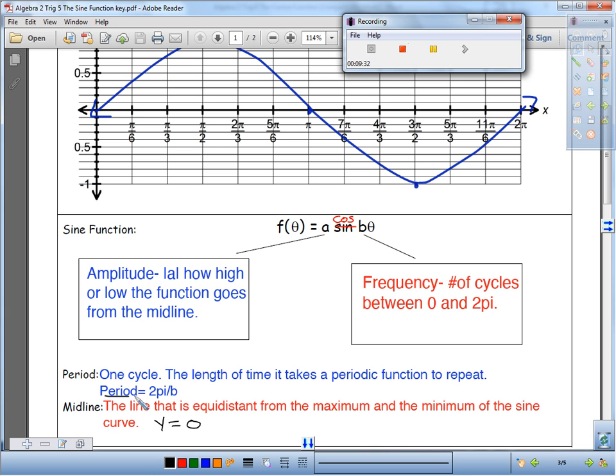And your period is still 2 pi divided by B. Are you done copying?